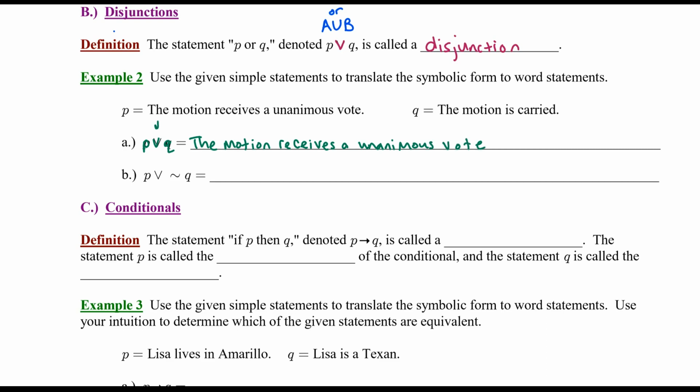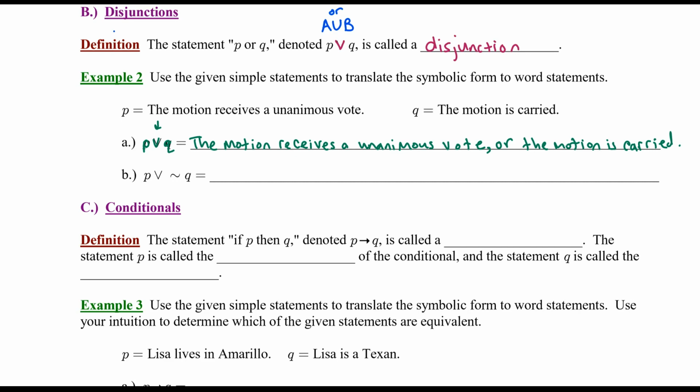Then we'll translate this symbol for or and include the statement Q. Or the motion is carried. Now, to be grammatically correct, I'm going to need a comma right there. Another possible translation, if we wanted to shorten a little bit and get rid of the comma, we could say the motion receives a unanimous vote or is carried. That would also be correct.